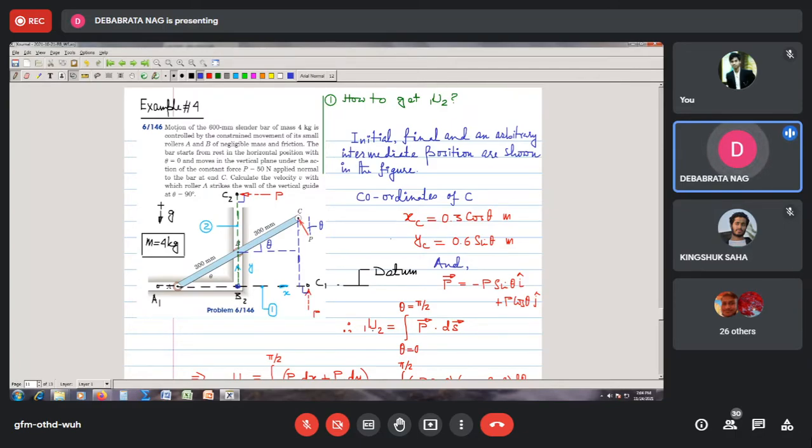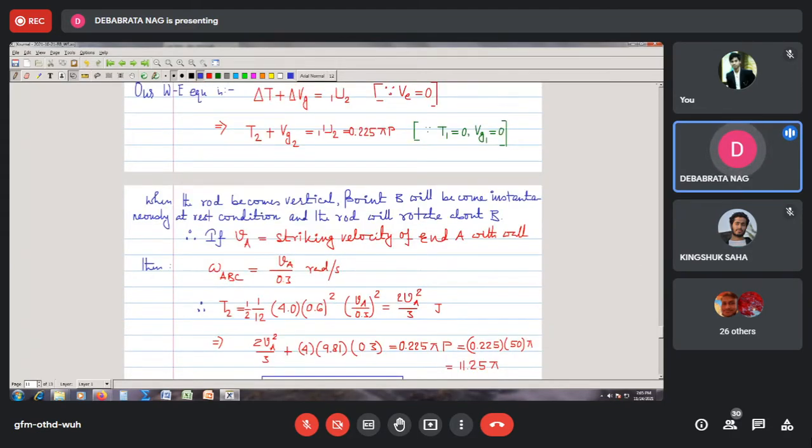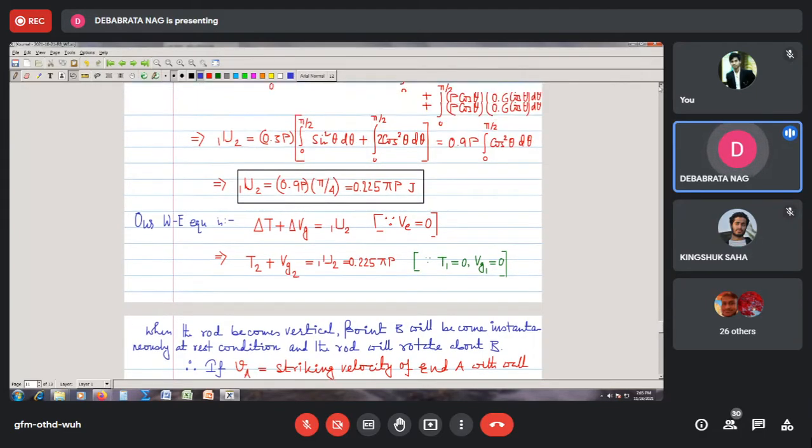And then 1u2 is calculated by the definition, and I need to calculate the total work done from position 1 to position 2. So that is theta equal to 0 to theta equal to pi by 2. So you need to take the dot product of these two and integrate it to find out the total work done.